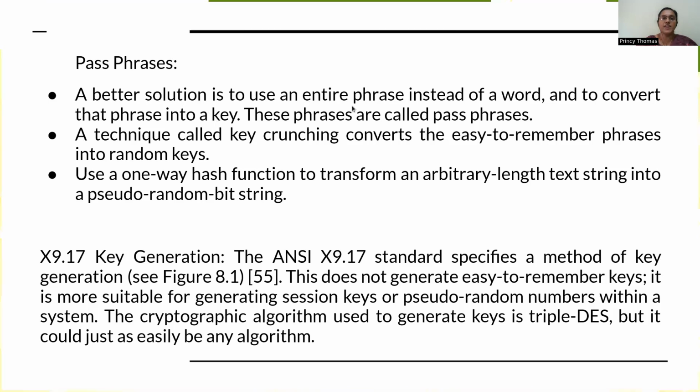These phrases are called passphrases. A technique called key crunching converts the easy to remember passphrases to random keys. And once again, a one-way hash function is used to convert the phrase to a pseudo-random bit string.